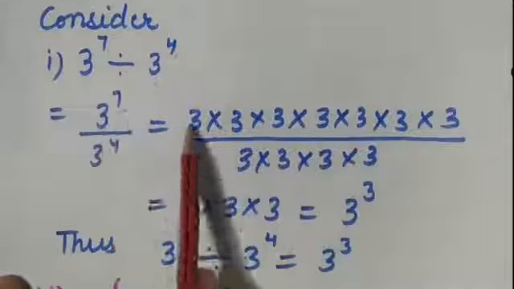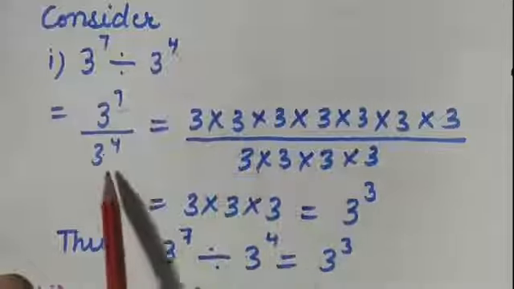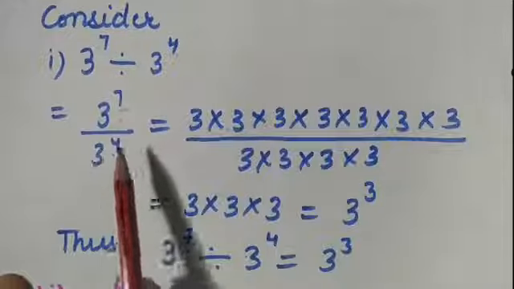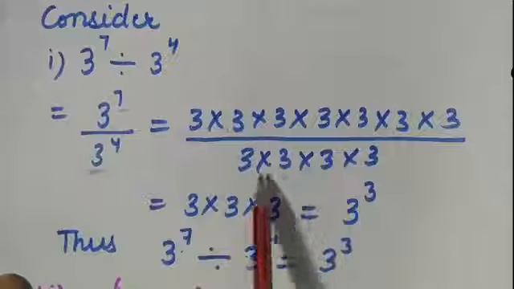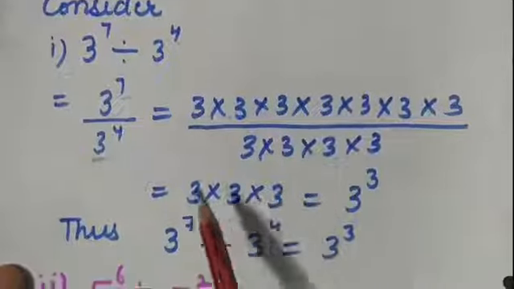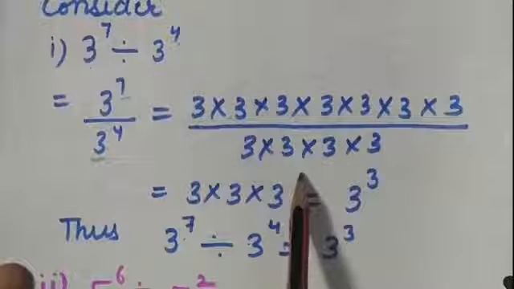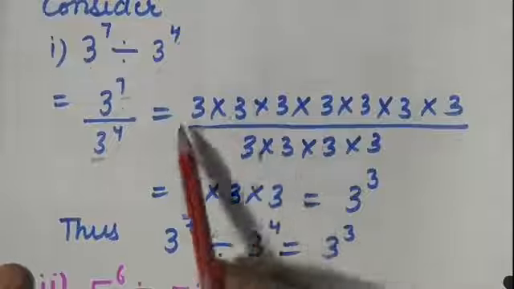And the denominator, 3 raised to the power 4, means 3 is being multiplied 4 times. After that, as this is the division of numbers, we can cancel them.